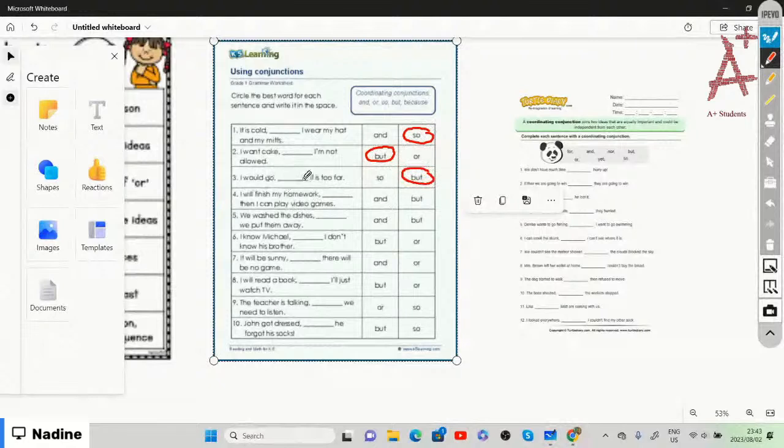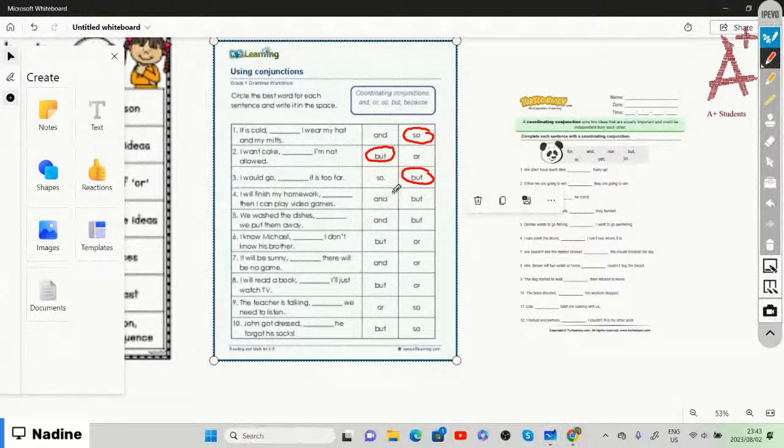I will finish my homework. Do we choose and then I play video games, or but then I play video games? So I will finish my homework and then I play video games, or I will finish my homework but then I can play video games.